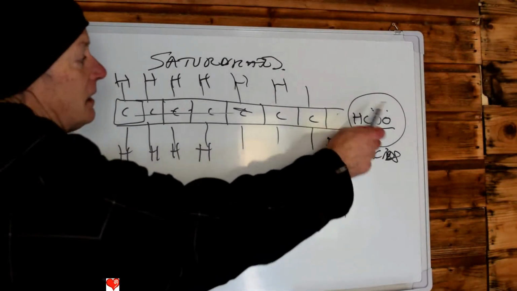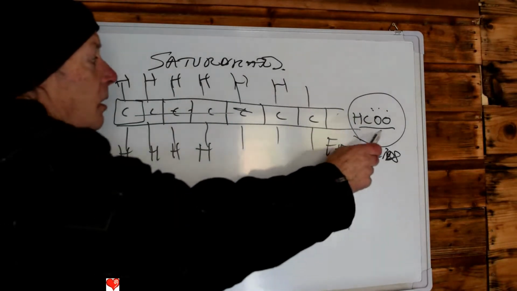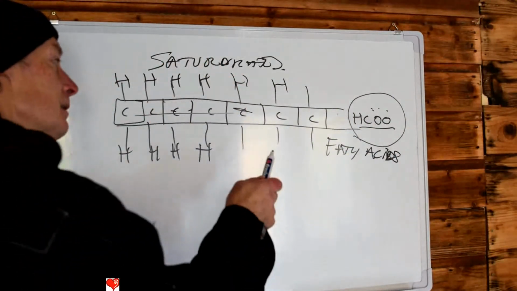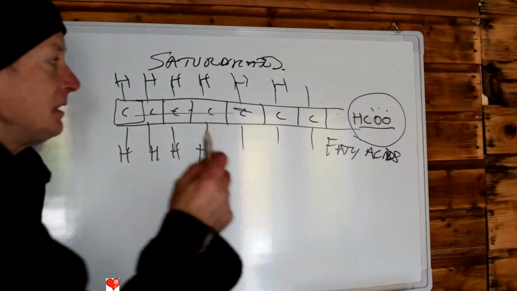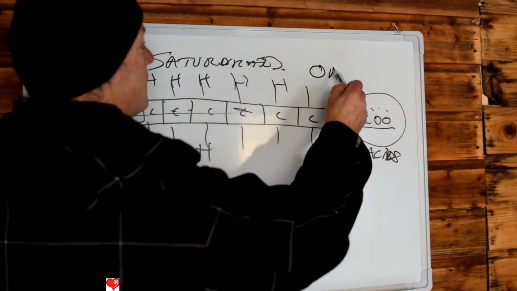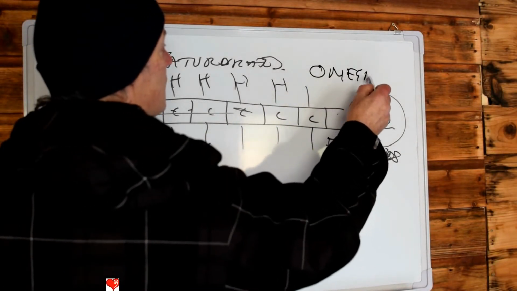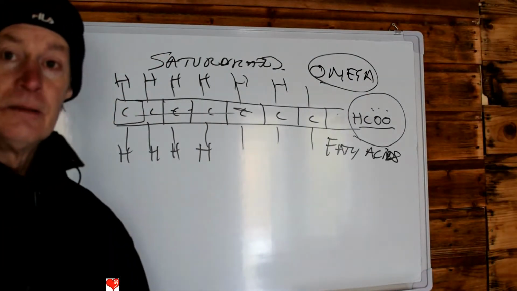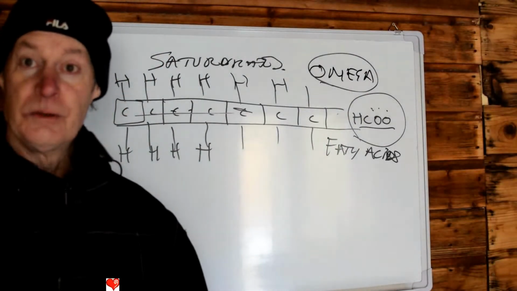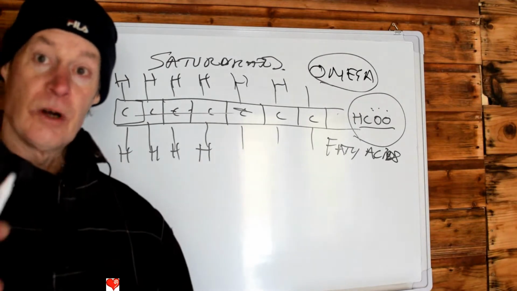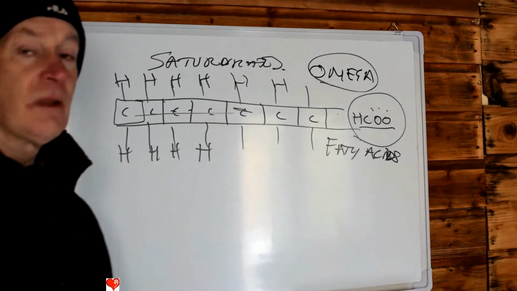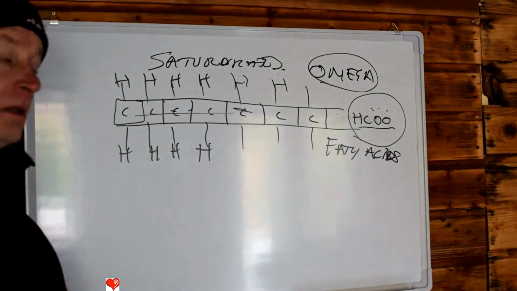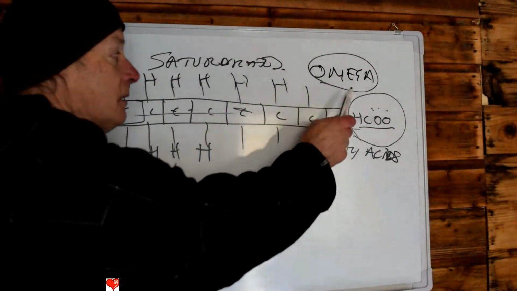There's a fatty acid, hydrogen, carbon and oxygens on the one end, right? This is the omega end. They're using the Greek alphabet. Like I said, all this stuff gets confusing when different bodies, educational bodies, start talking about it. It's the omega end of the fat.